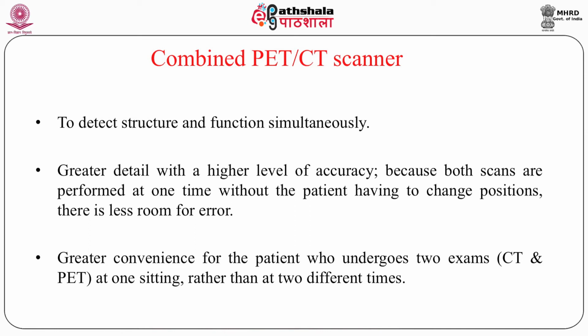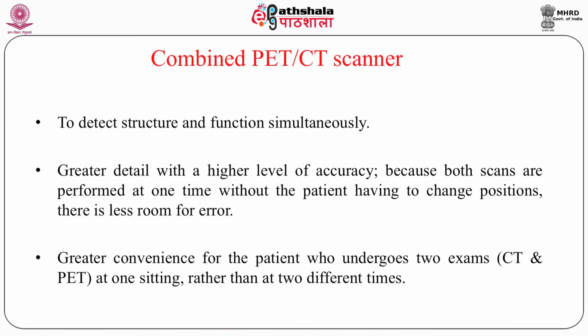But here the patient has to be scanned twice. It may happen that the patient moves, and the anatomy and posture we are looking at may get disturbed. So nowadays the technology we are using is the combination technology, PET and CT.